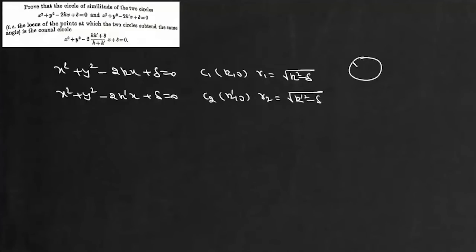Now here center is k comma 0 and radius is under root of k square minus delta, and here center is k dash comma 0 and radius is under root of k dash square minus delta. Now both the circles subtend equal angle at this point P. We have to find locus of this point P.